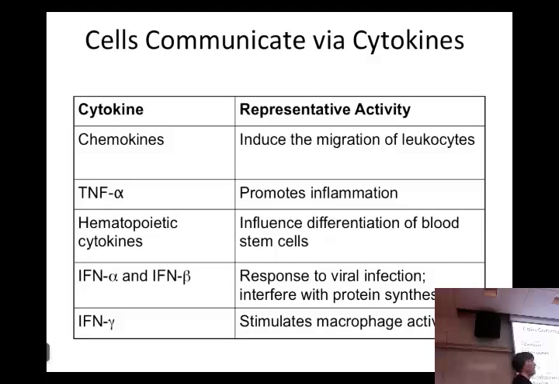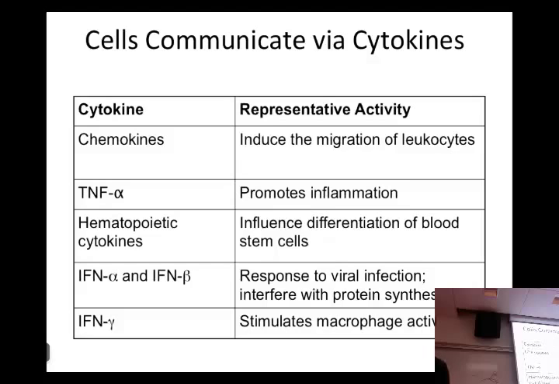Interferon alpha and beta. Who's making these? What cells are making them under what circumstance? Remember that whole concept of the local neighborhood watch? Who's making them? What kind of infection?